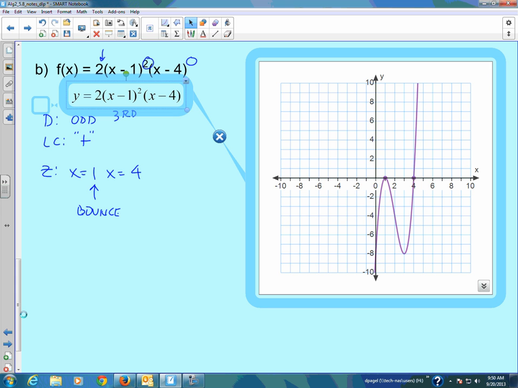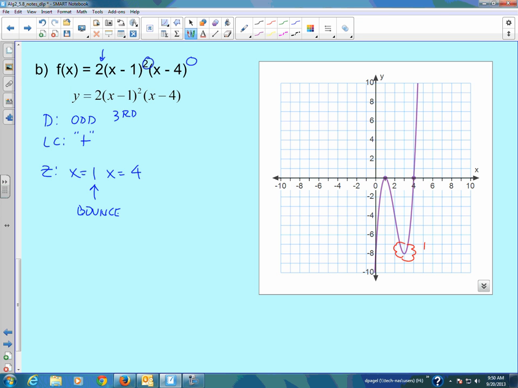Really kind of hugs the negative y-axis there that goes into quadrant 3, so it's kind of hard to see it. We have ourselves a local minimum. No local maximum here, but we do have a local min. Looks to be -8, and it looks to be at about 3.